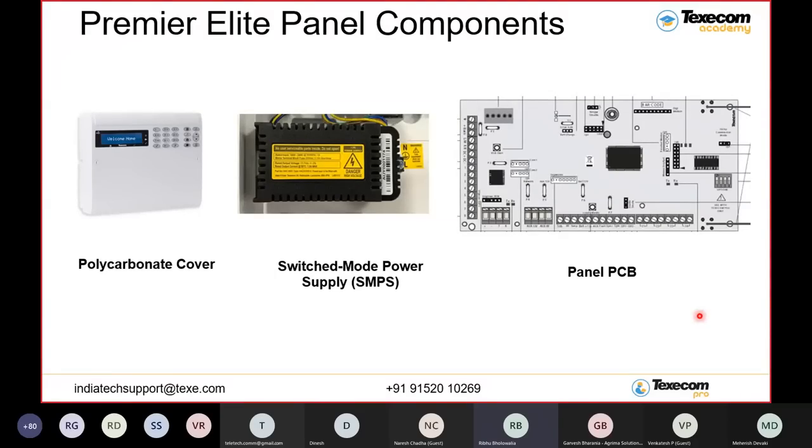Okay. So we have done the enrolling of the sensors, and after that you have started mounting the devices. What all things have you mounted? Your control panel on the ground floor, and the expander on the first floor. Connections between the control panel and the expander will be wired.